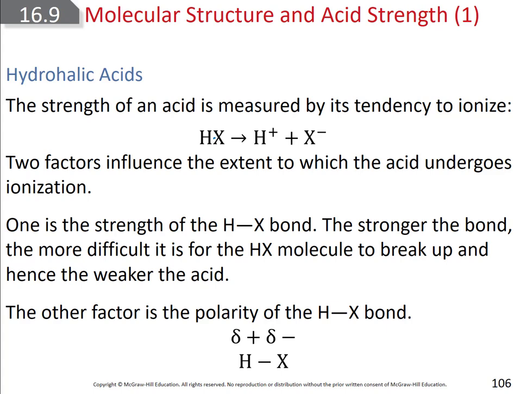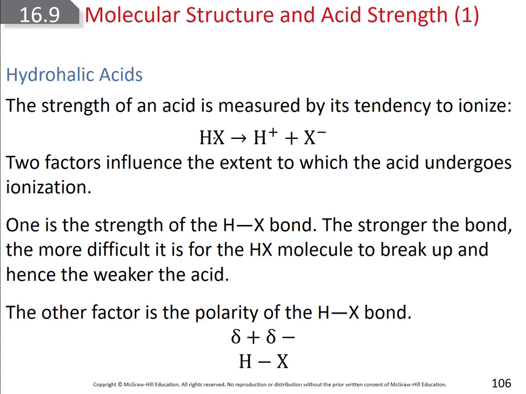The more easily it loses the hydrogen, the stronger the acid, because acid strength is defined as how much hydrogen ion it releases. And in fact, for a strong acid, it has to release close to 100% of its hydrogen ions, whereas weak acids only do to a certain amount and go to equilibrium. So the weaker the bond between them, the stronger the acid.